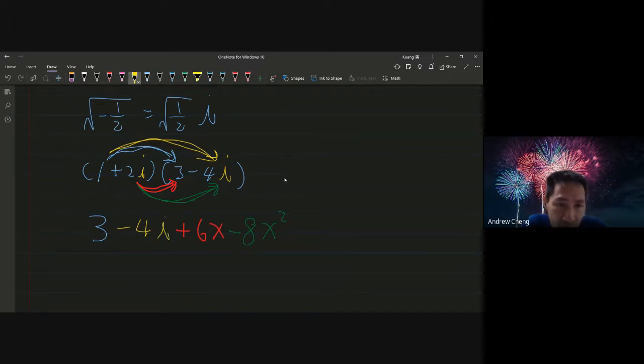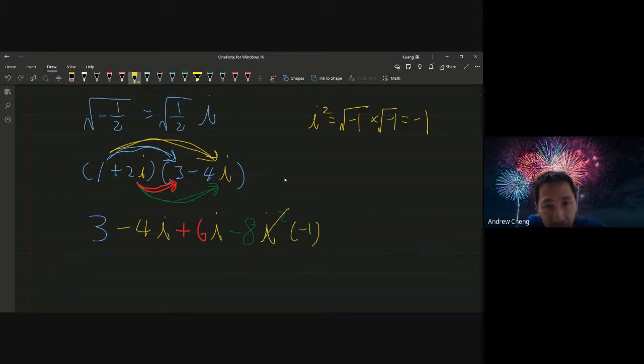The only difference is that before, we saw x squared and just left it as x squared, but here we see i squared. i squared is square root of -1 multiplied by square root of -1, which is -1. So this one you have to turn into -1. So -8i squared becomes +8.